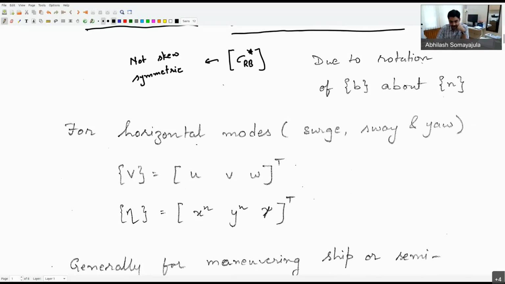In a 3 degree of freedom model, the generalized velocity vector will be given by u, v, and, this is wrong, this should be r, which is the yaw rate. And eta would be given by x, y, and psi, where psi is the heading angle of the vessel.